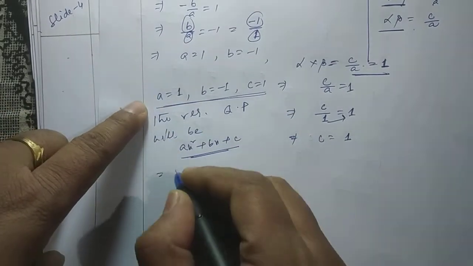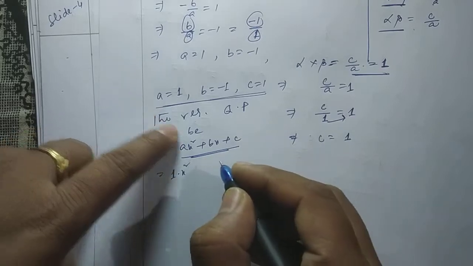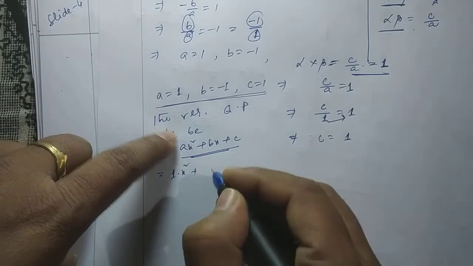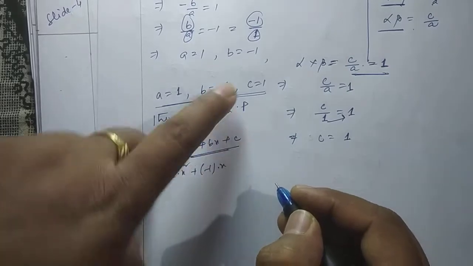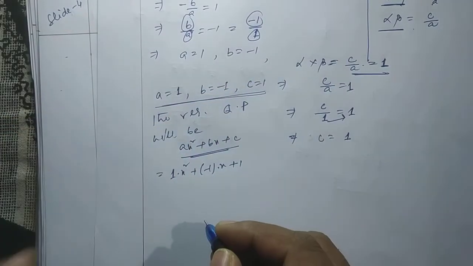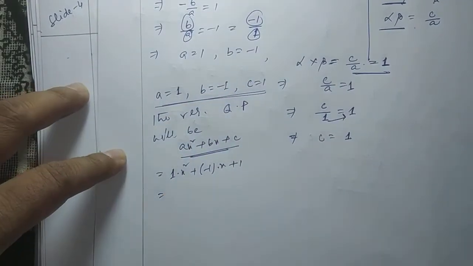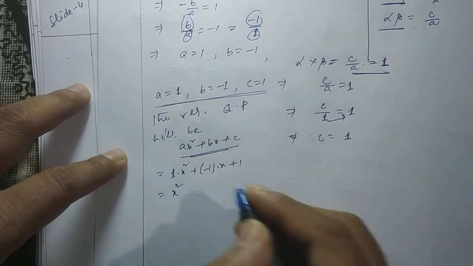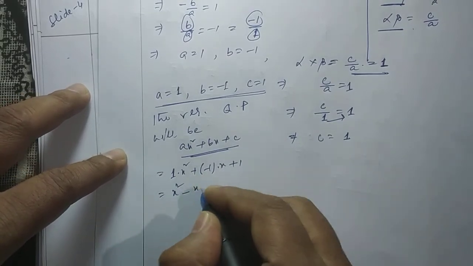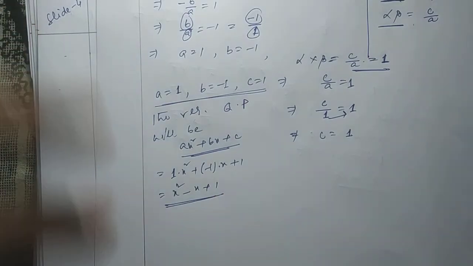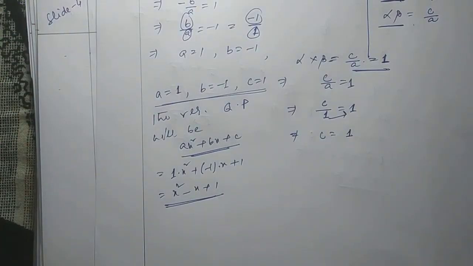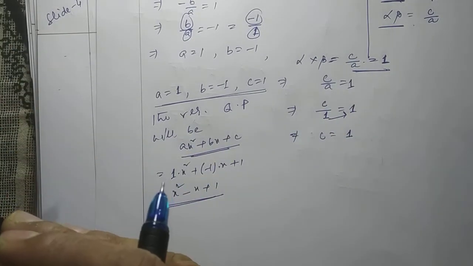Here a equal to 1 into x square, putting b equal to minus 1 and putting c equal to 1 here. Now just let us calculate. It will become x square minus x plus 1. That is the required quadratic polynomial that we are looking for. Understood or not? In this way we have to manage this type of questions.